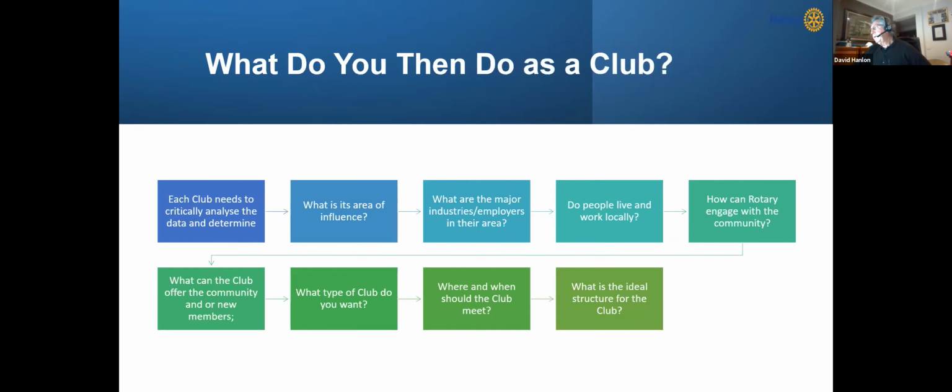So there's a whole heap of things that you need to look at to determine where your potential members are going to come from, but more importantly, what services they or your club can support for them, and get out and engage with them.